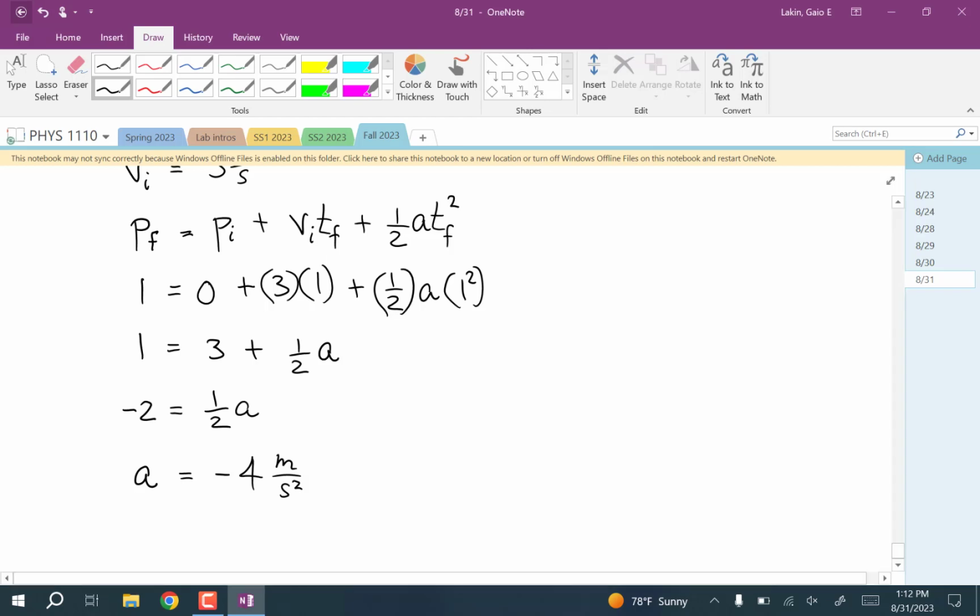It's slowing down, so acceleration and velocity need to have opposite signs, and they do. Okay.